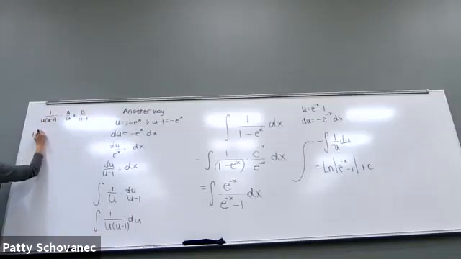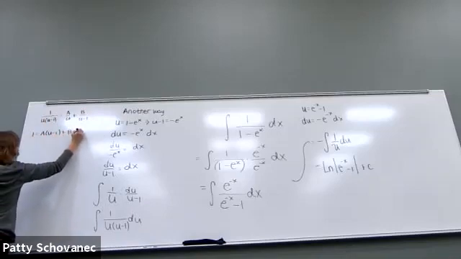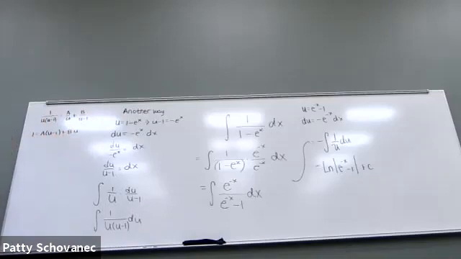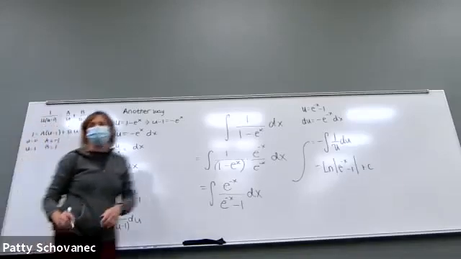So I have 1 is equal to A times u minus 1 plus B times u. If u is 0, I get A is negative 1. If u is 1, I get B is positive 1. And so we're integrating negative 1 over u plus 1 over u minus 1.